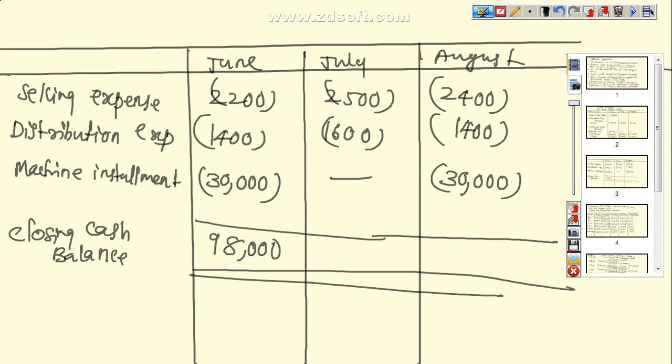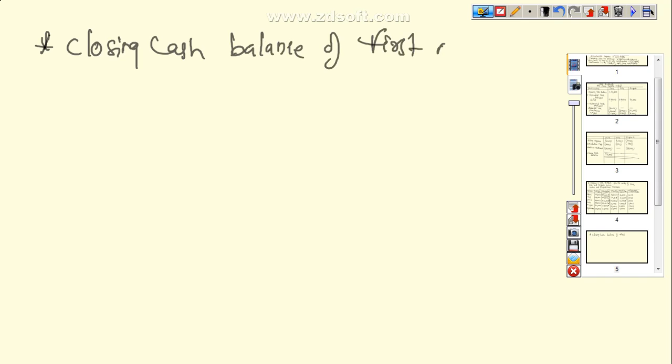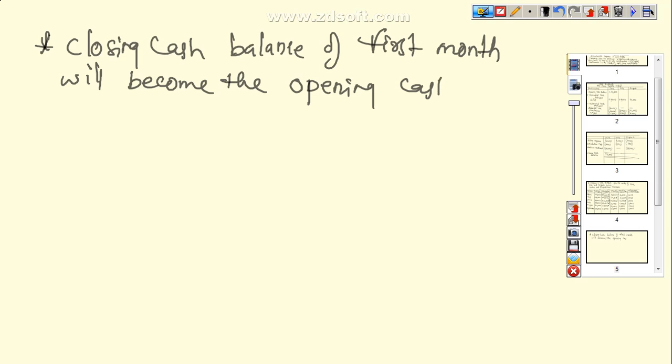98,000. Now the most important point we have to remember is that the closing cash balance of the first month will become the opening cash balance of the next month.